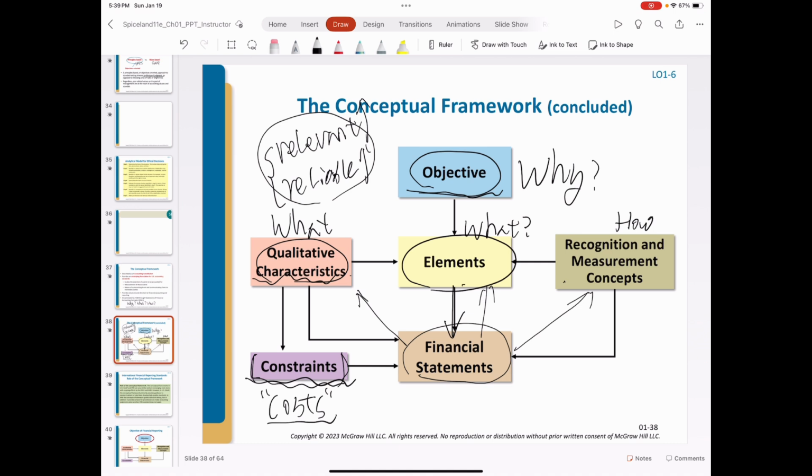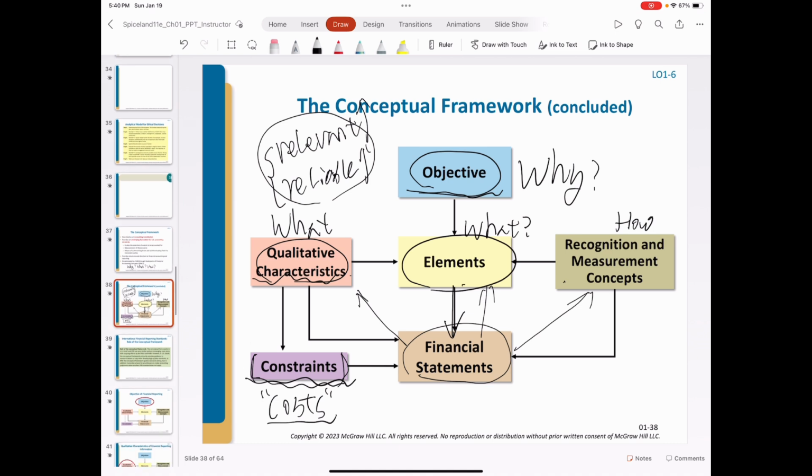Okay. So as long as we do not change the objective of financial accounting, all other parts in the framework are to improve the usefulness of financial information. That's the conceptual framework.